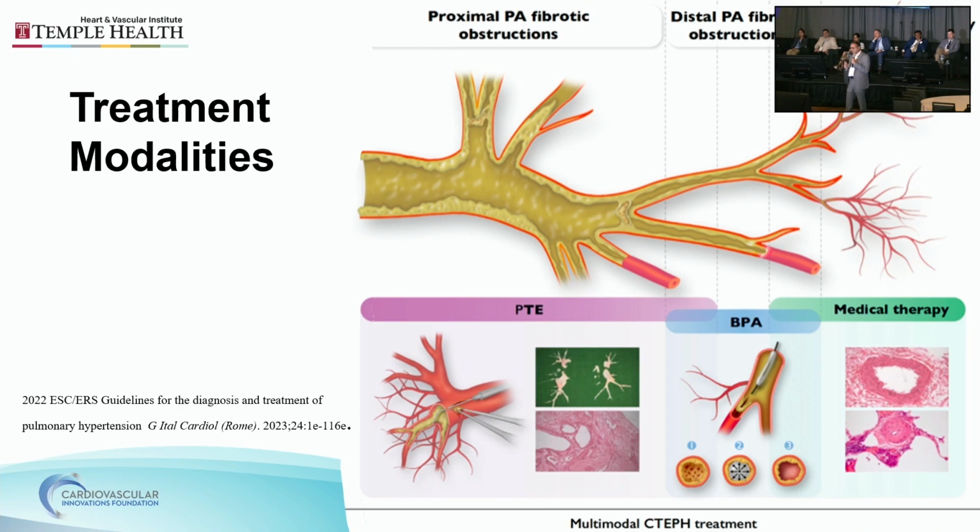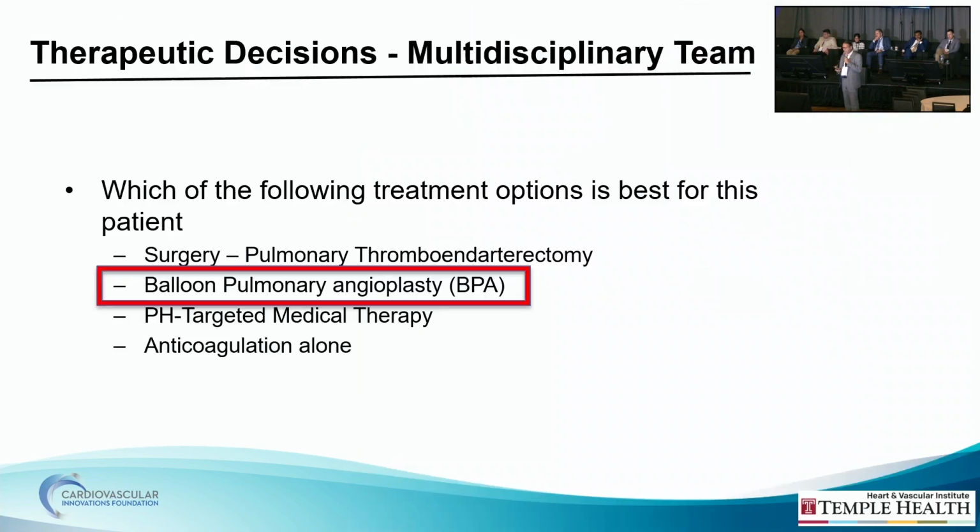If the lesions are in the proximal artery, like the interlobar artery, or in the proximal segmental arteries, thromboendarterectomy surgery is the best treatment. It's potentially curative for these patients. However, if the lesions are more distal in the segmental arteries, balloon pulmonary angioplasty is a very reasonable option. And if patients have microvasculopathy, they undergo PH-targeted medical therapy.